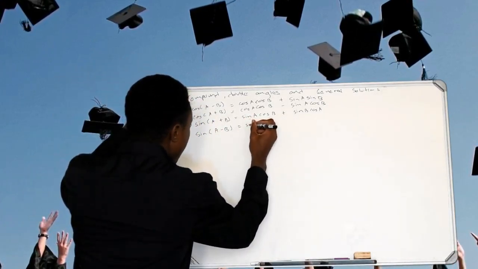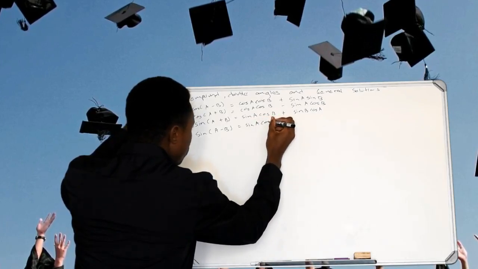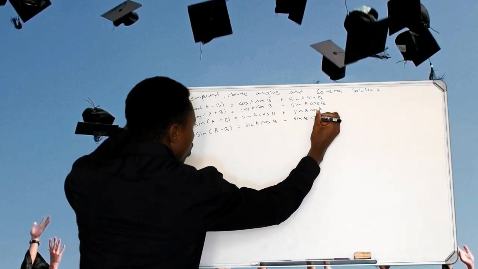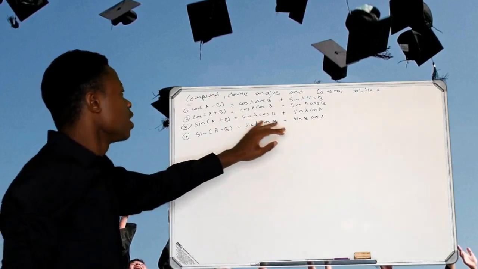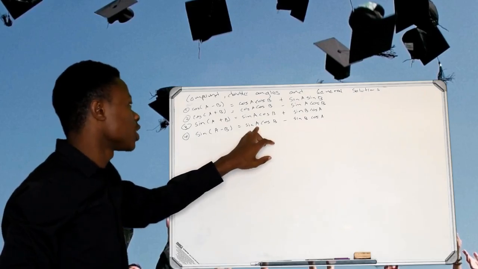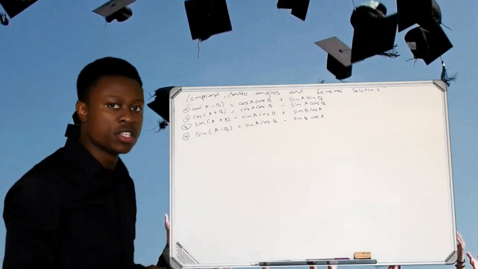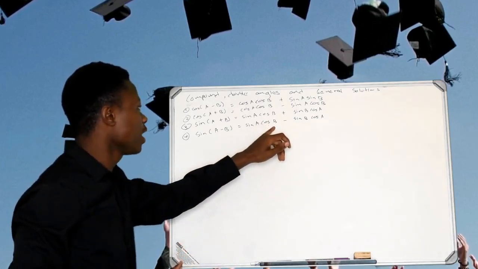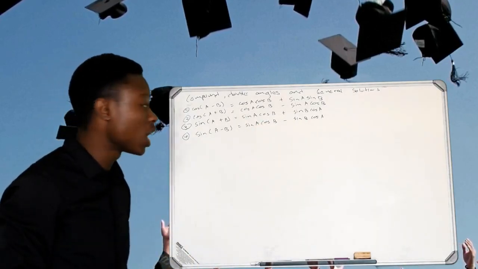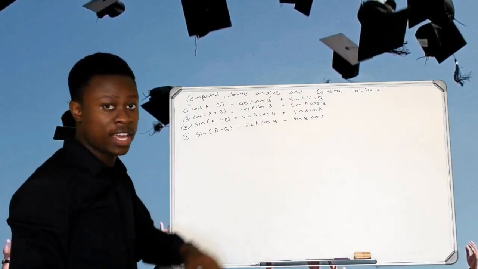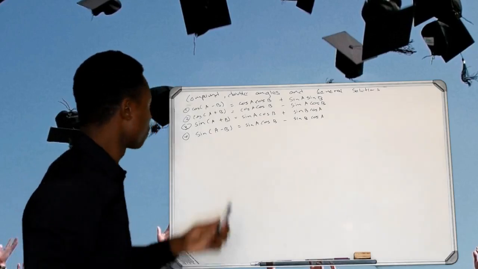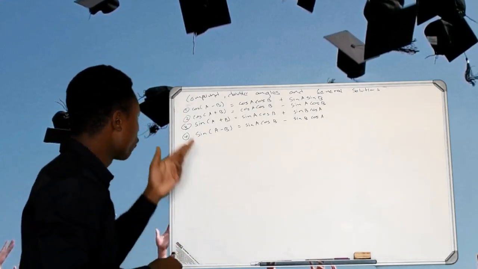It will be sine A cos B minus sine B cos A. This makes sure that it takes into account both angle A and angle B. So if you see cos A on one side and cos A again on the other, it means you did not take the other angle into account. It has to be cos B and then cos A, or vice versa. So these are your 4 rules, your 4 compound angles.